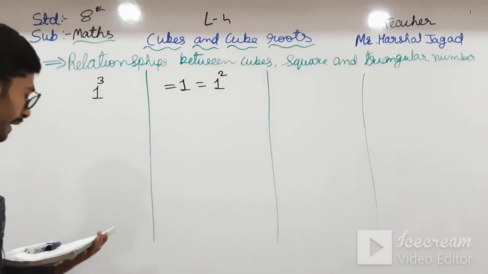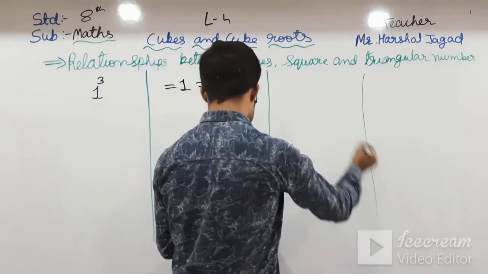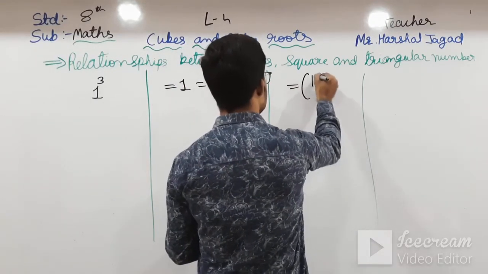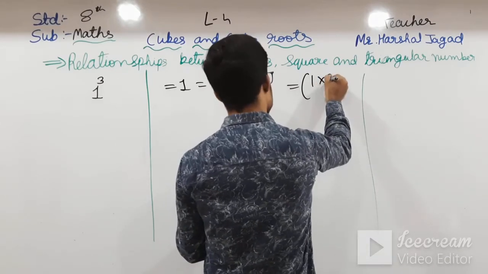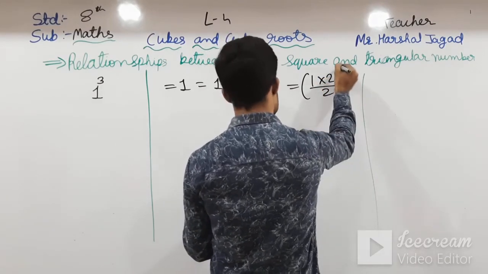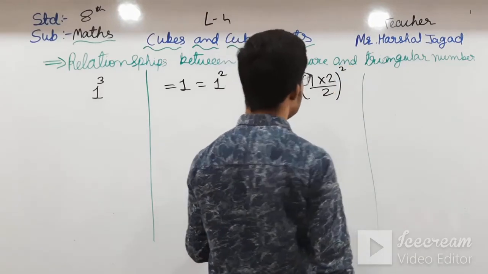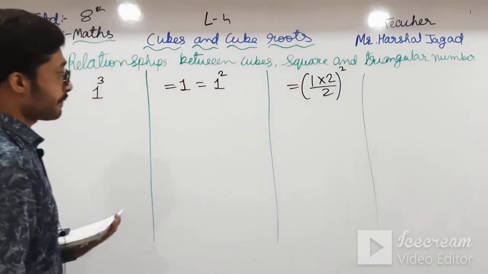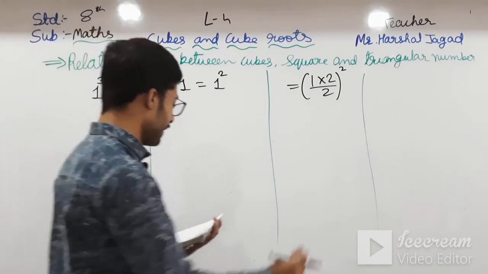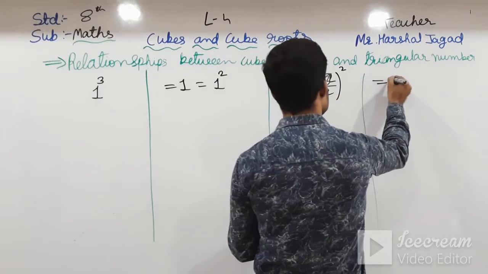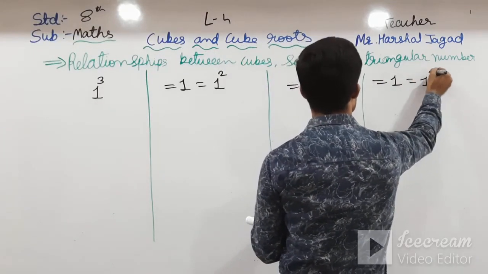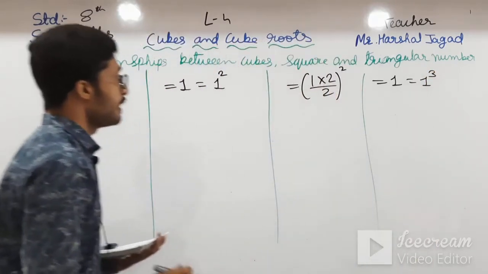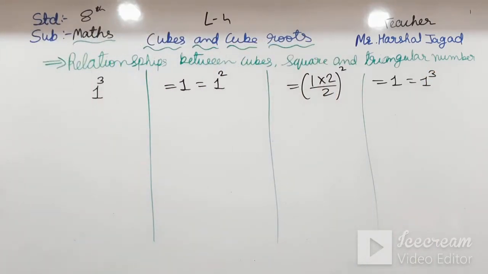According to this, 1 into 2 by 2, the whole square, if we make this, then we also get 1 is equal to 1 cube. So this is the first relation of 1 between cubes, squares and triangular numbers.